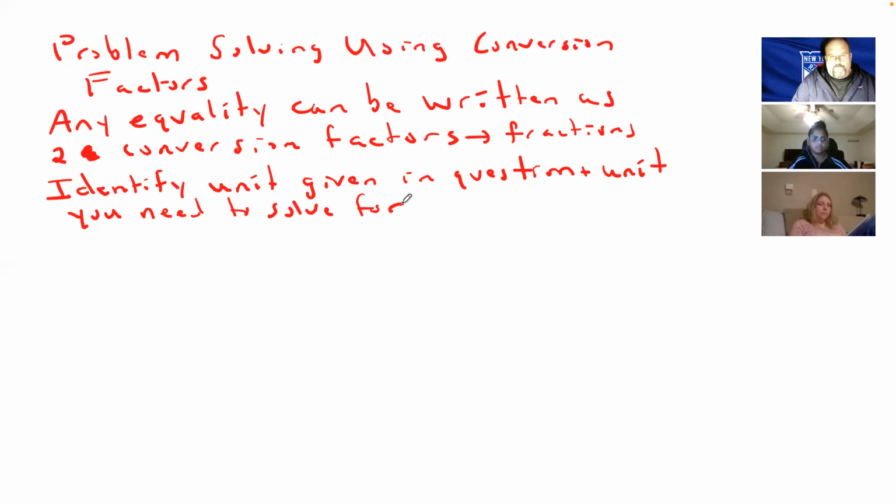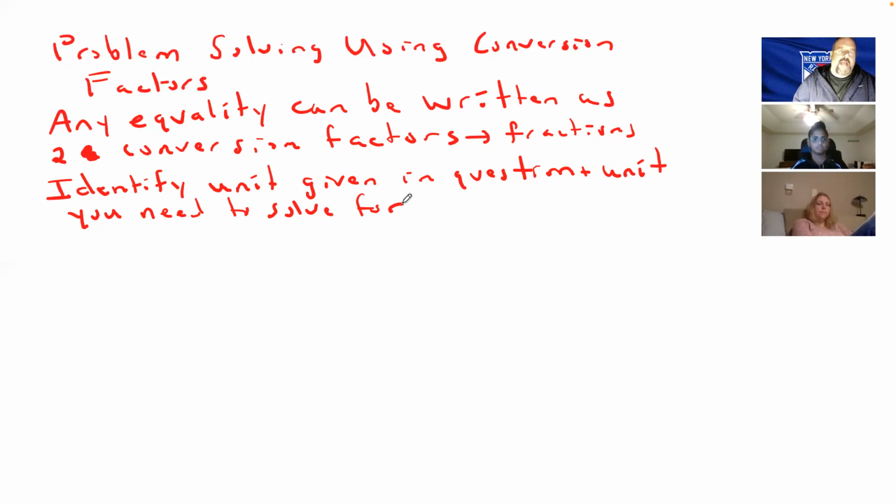What does that do? That helps you identify what equality you need to use, because that's really the first part of it. And maybe sometimes you have to use multiple equalities. But what you want to do is identify the unit that you're given and the unit that you need to solve for, to identify the equality or the equalities that you need to solve the problem.